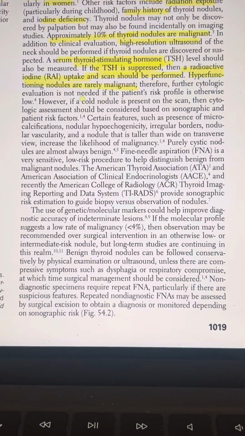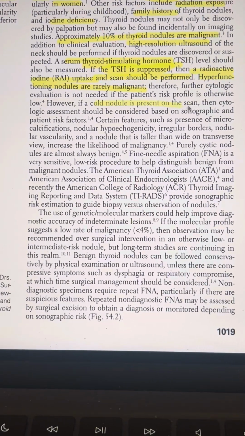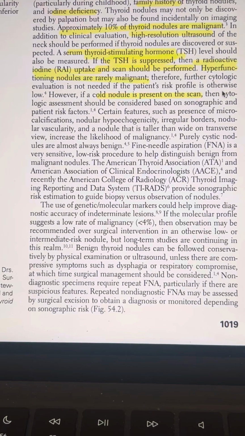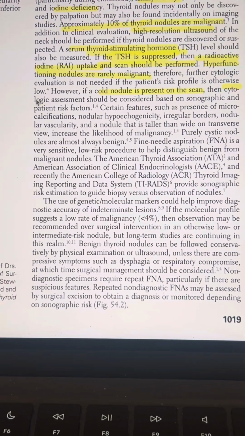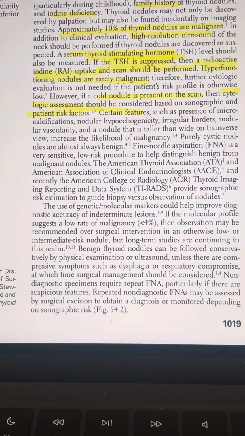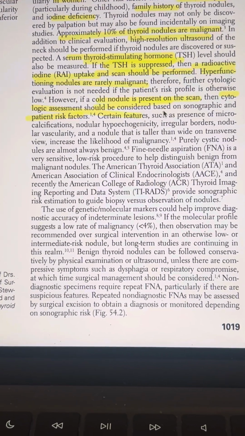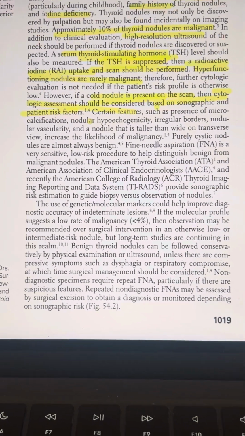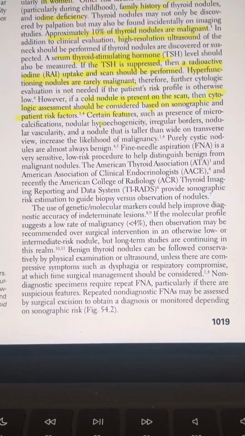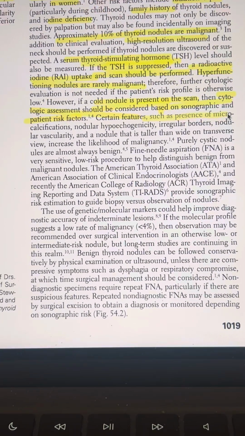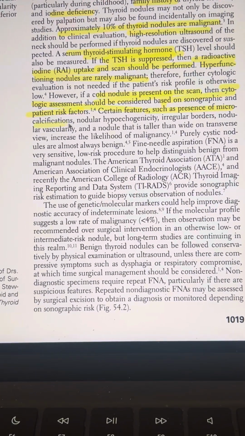And if a cold nodule is present on the scan, then cytological assessment should be considered based on the sonographic features and the patient's risk factors. So if there is a cold nodule, we will do ultrasound, look at the sonographic features and patient risk factors, and do cytology accordingly.